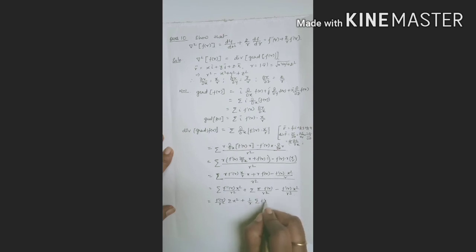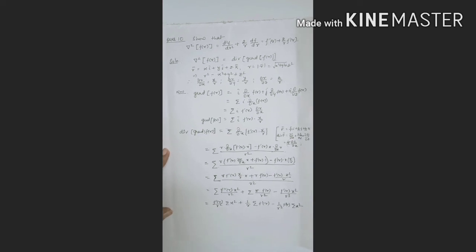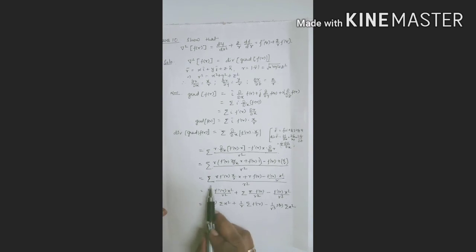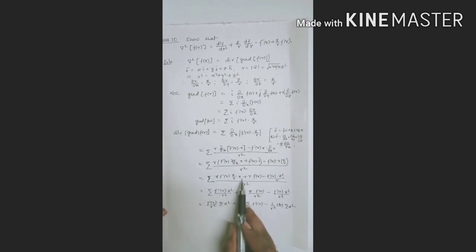You have only f dash r in the summation, minus 1 by r cube and f dash r common. You have in summation only x square running, right? This is clear. We have just taken the summation inside all these three terms, and this r and r got cancelled, this r and r got cancelled, so you end up having these terms.